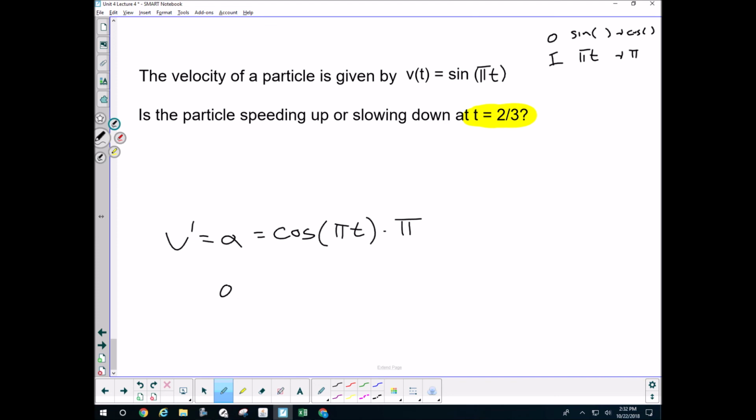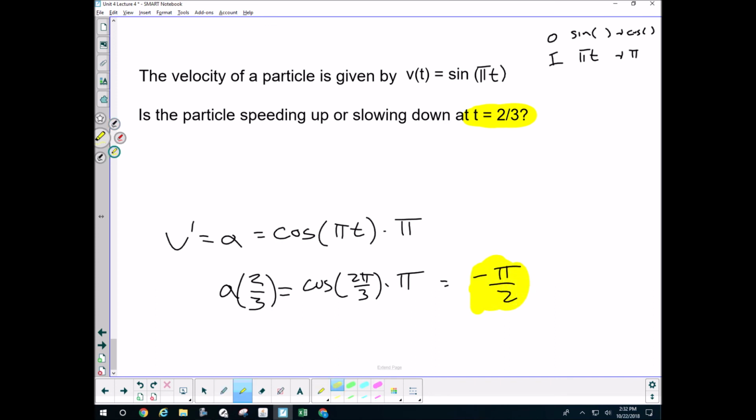And if you plugged in 2/3, you got the cosine of 2 pi over 3 times pi. The cosine of 2 pi over 3 is -1/2. You got negative pi over 2. And you just looked at this value and you said, oh, the acceleration's negative. I'm slowing down. You didn't do enough work.